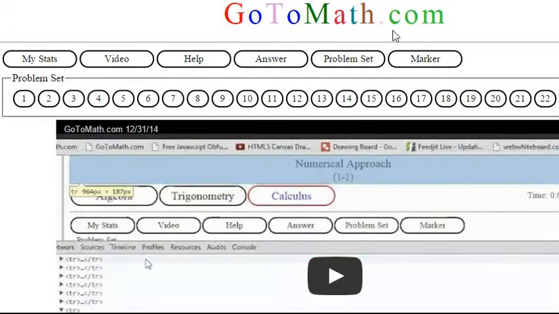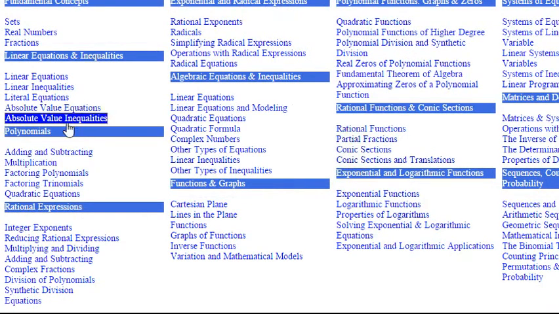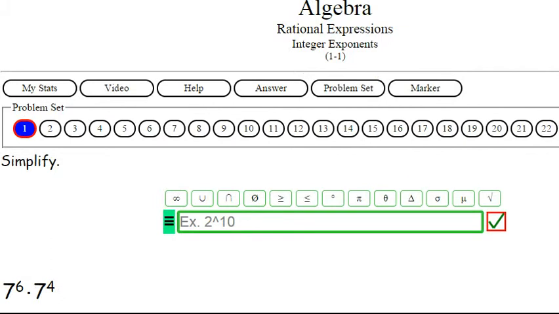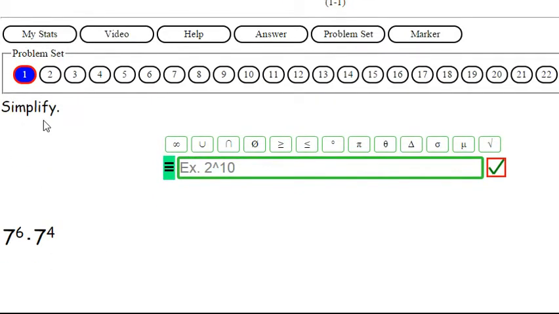Hey, we're here. Go to math.com, click on algebra, starting a new section here, integer exponents, and we'll start with 1.1. So this says simplify, and basically what this means is we're going to be getting it in the form of a number, the base, raised to its exponent.